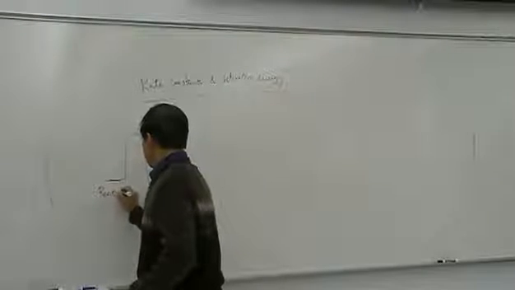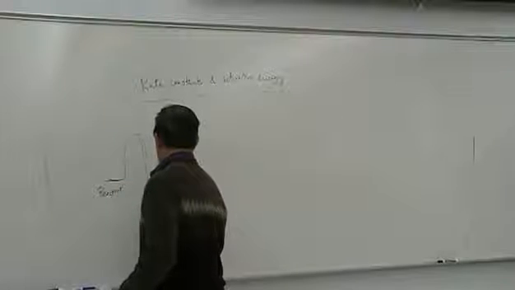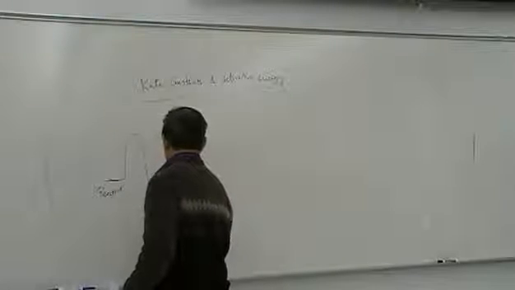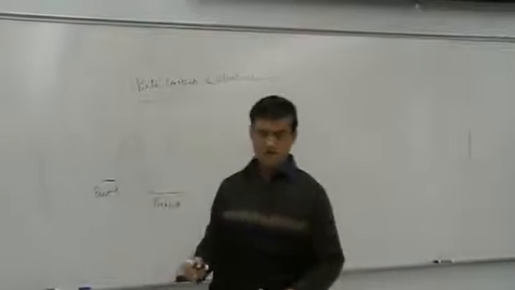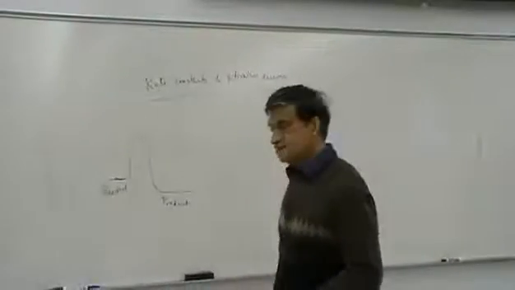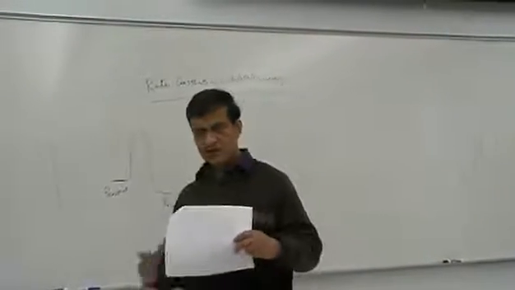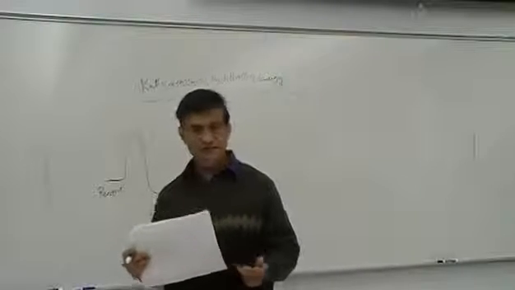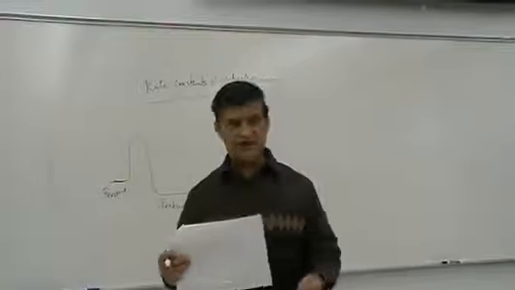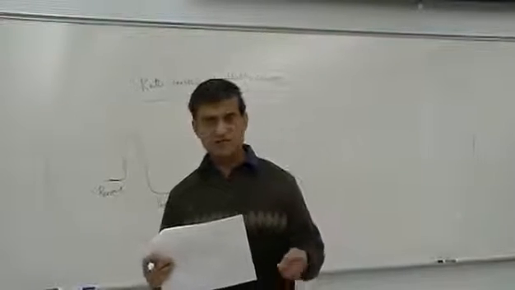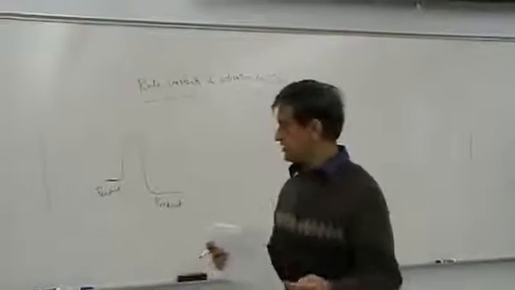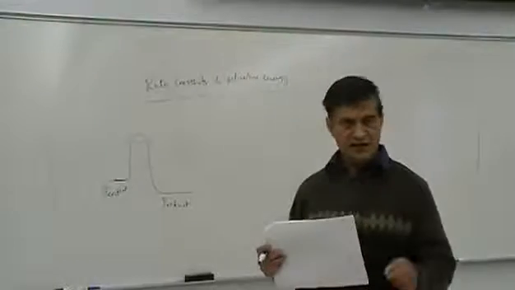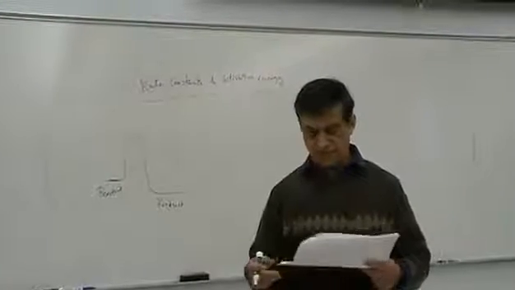Reactant, product. Let me give you an understanding before I go over the problem. This paper that I'm holding has lots of carbon and hydrogen because it's coming from plants, and plants are an organic substance which predominantly has carbon and hydrogen and a little bit of oxygen and nitrogen.